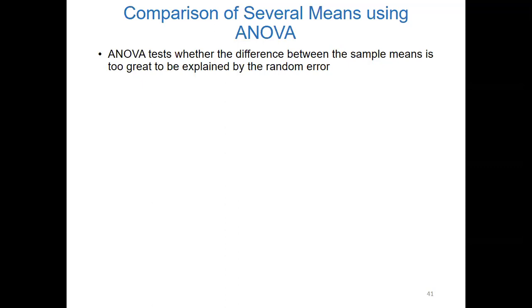So using this ANOVA test, we can determine whether there's a difference between the sample means, and if there is a significant difference, the error is too great. It is not just because of random error; that error is due to fixed effect error.